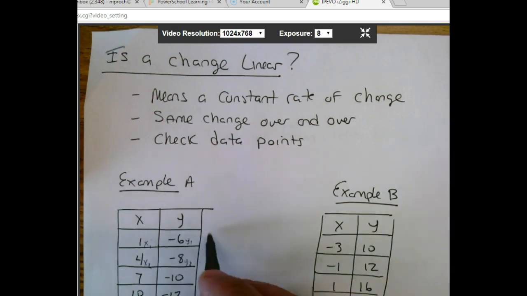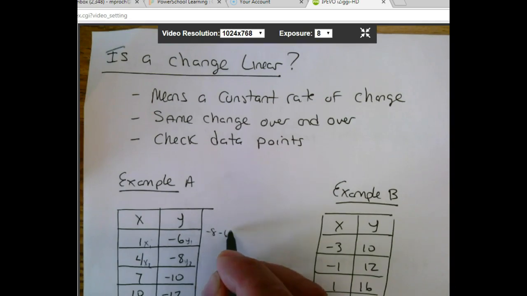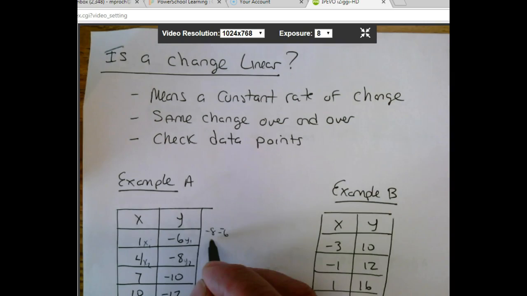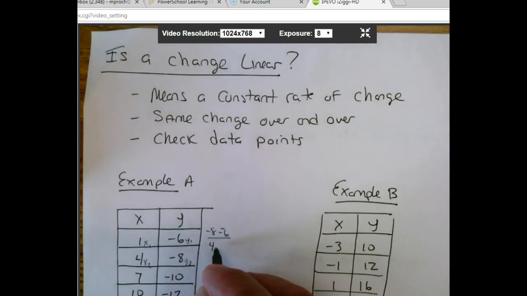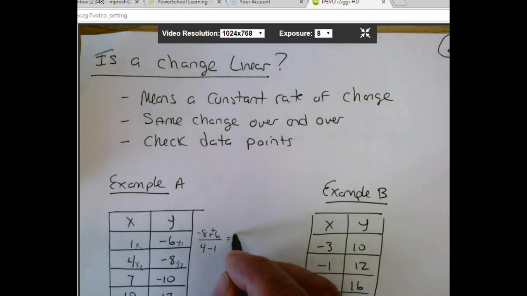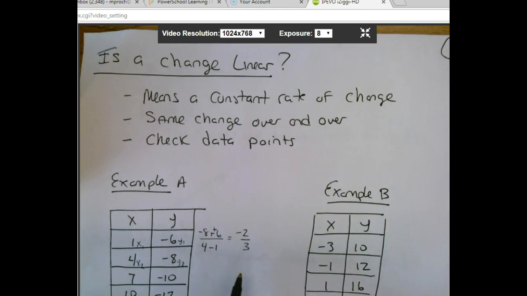So if we did this one, y2 would be -8 minus 6, or -6, I'm sorry. So minus a -6 over 4 minus 1. We would then end up with, we'd want to change the sign and add. So we'd have -2 over 3. So -2/3 would be the change there.